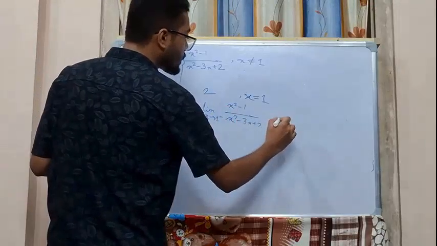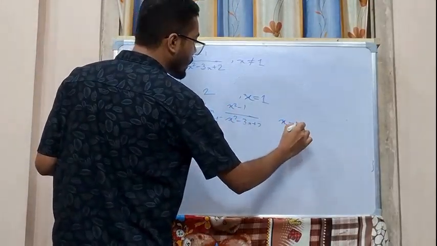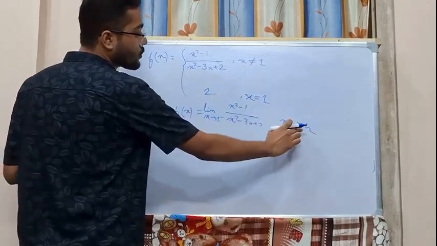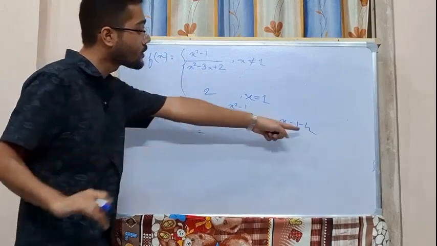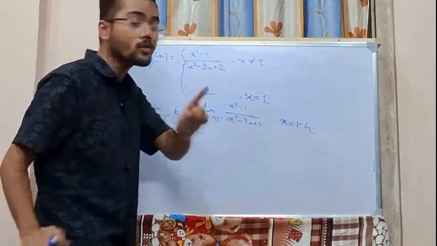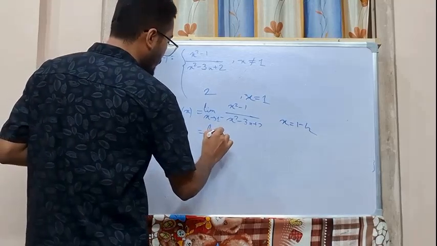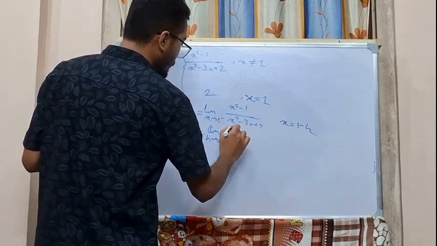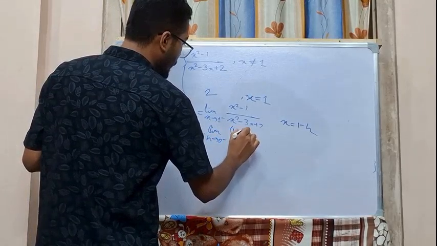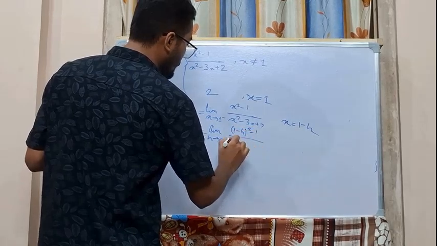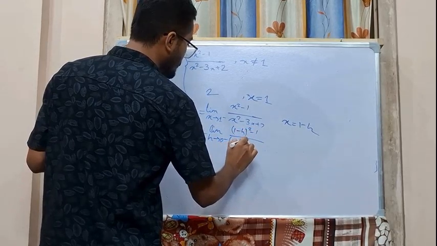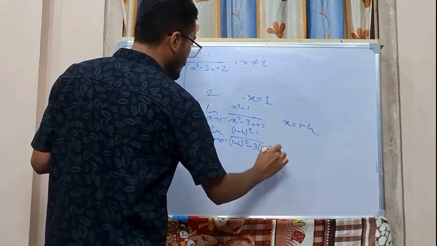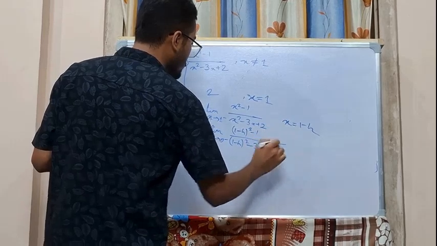Now let x is equal to 1 minus h. x is very close to 1, that's why 1 minus h is very close to 1, that is h is very close to 0. That's why h tends to 0 minus: (1 minus h) square minus 1 divided by (1 minus h) square minus 3 into (1 minus h) plus 2.